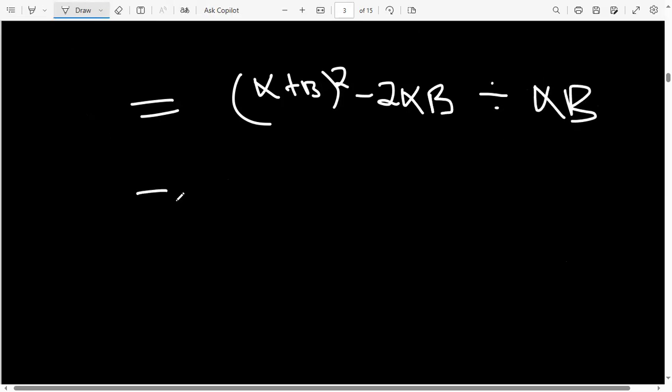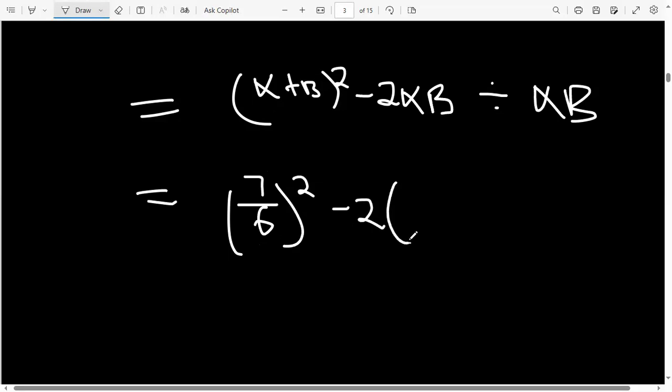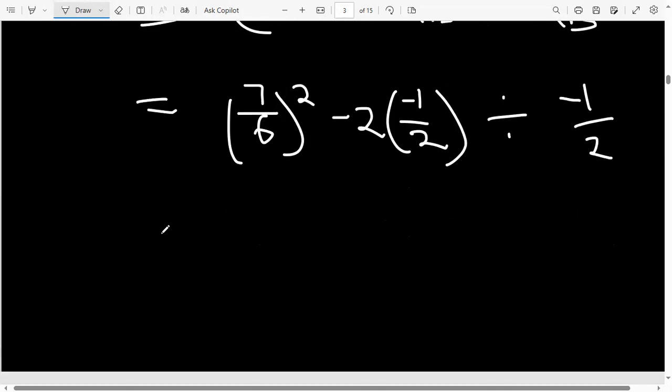Okay, so this will be equals to, we know the value of alpha plus beta is 7/6. Okay, and then we are squaring this. Then minus 2. What is the value of alpha multiplied by beta? We said it was minus 1/2. Okay, and then we are dividing all this by minus 1/2. Okay, what is left is to simplify, guys.